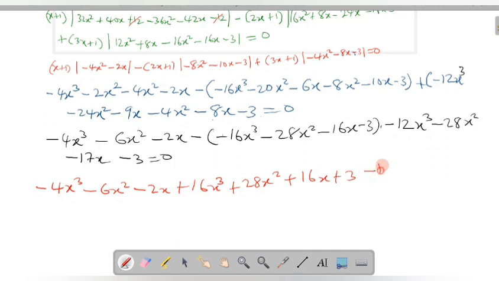Then we have minus 12x cubed minus 28x squared minus 17x minus 3. Everything is equal to 0.